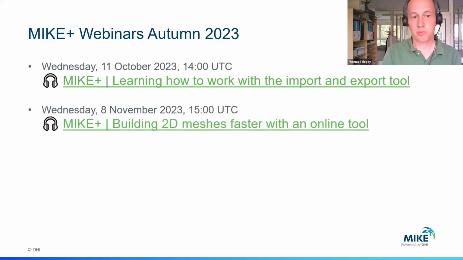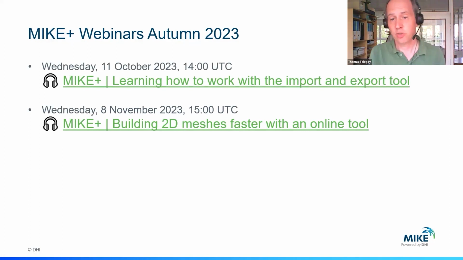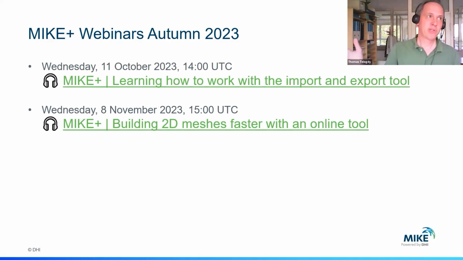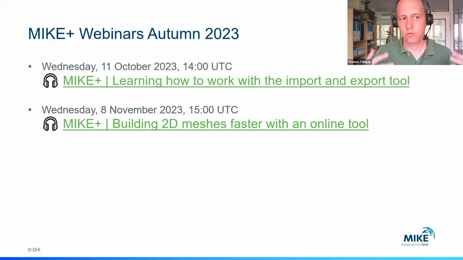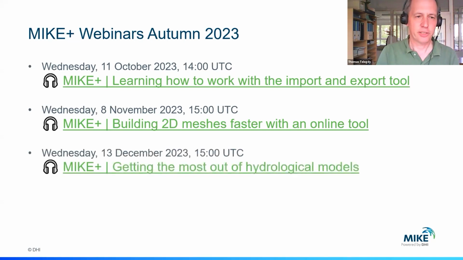In November, we talk about building 2D meshes faster with an online tool, because we have Mesh Builder, and this is a bit of a parallel development where we use online data and various tricks which are beyond our desktop products. Just join us to see it.